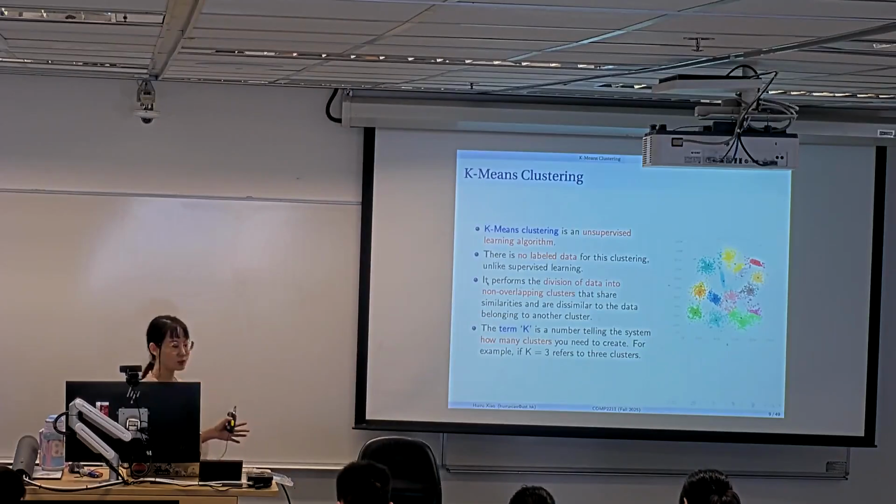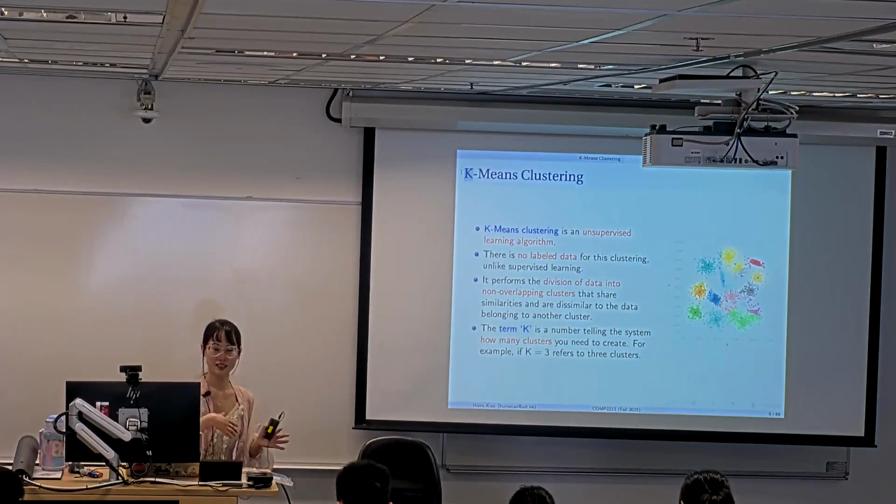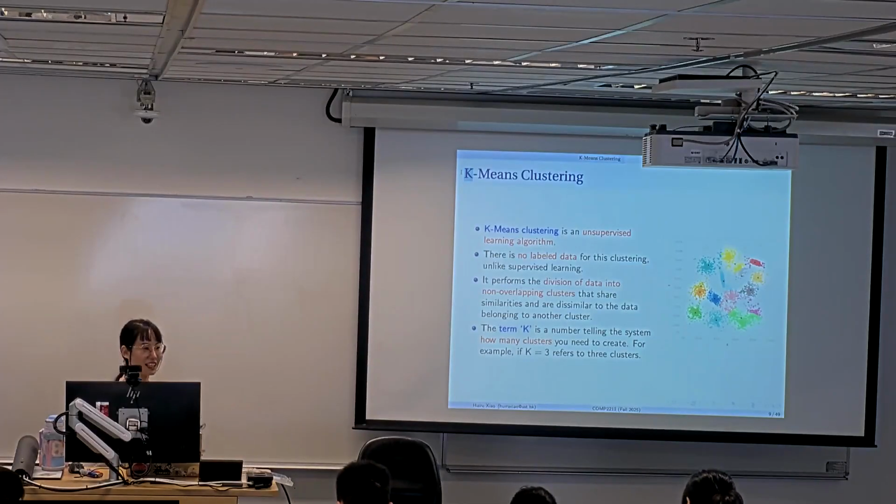And you may find we have the term K here, like KNN. But even though they both use this parameter K, actually the K has totally different meanings. So previously in KNN, K represents the number of nearest neighbors we use to do the classification, right? That's K used in testing.